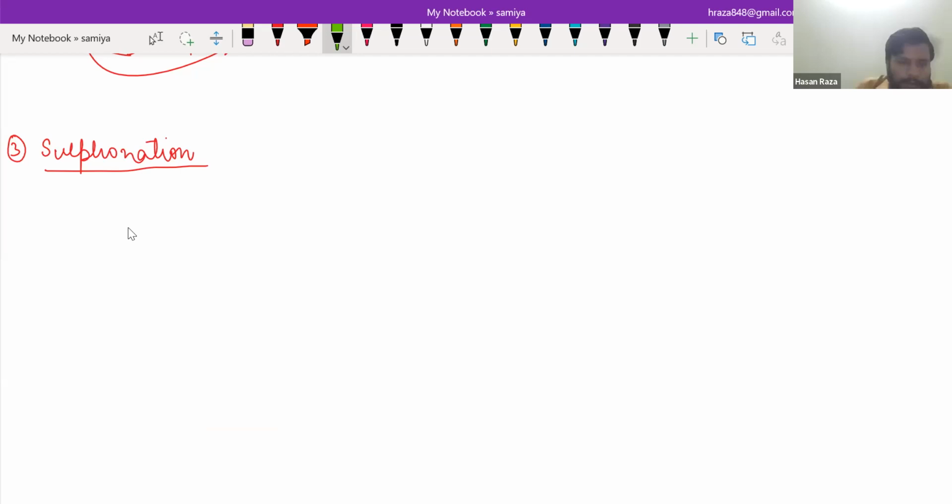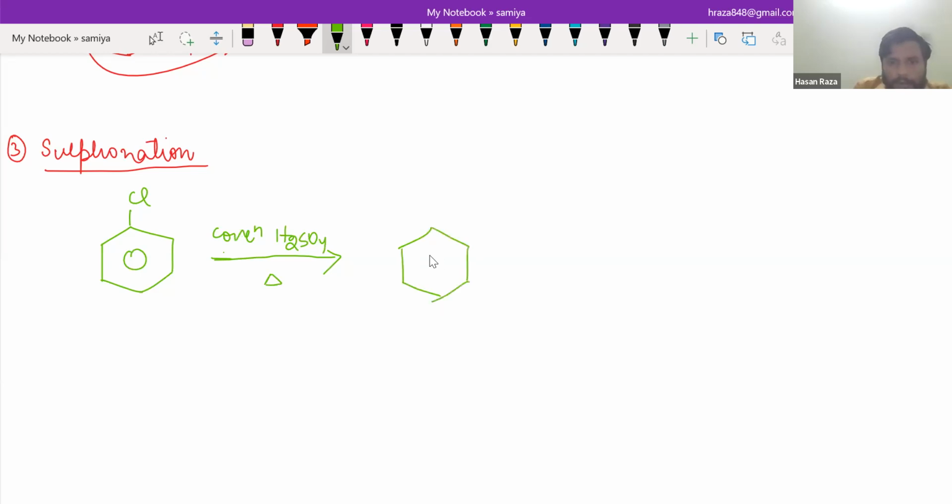In order to do sulfonation, we need to react this haloarene, that means chlorobenzene, with concentrated H2SO4 and heat. So there will be addition of SO3H. This SO3H is known as sulfonic acid. It's a functional group. You have studied about this in class 11.